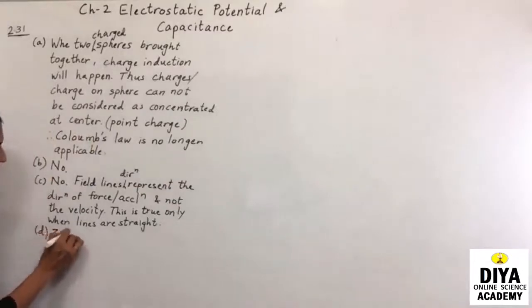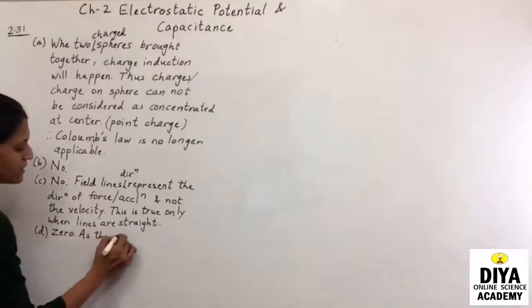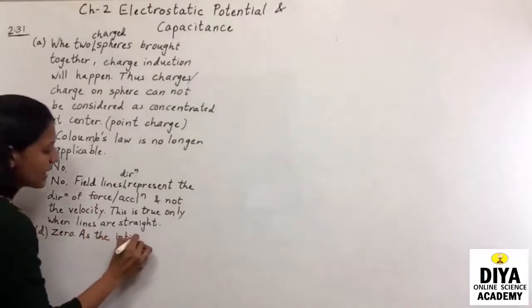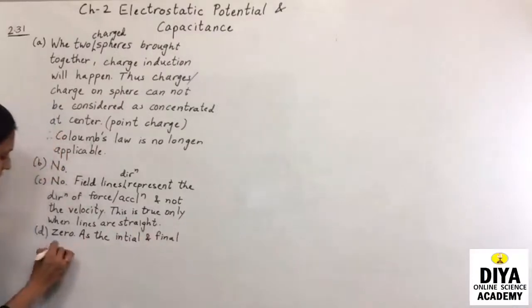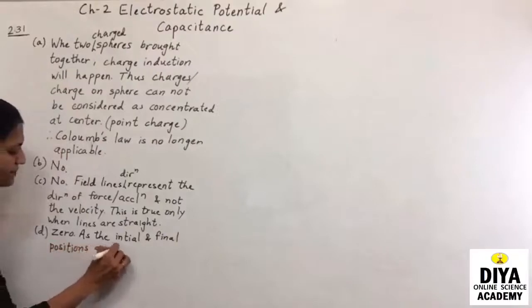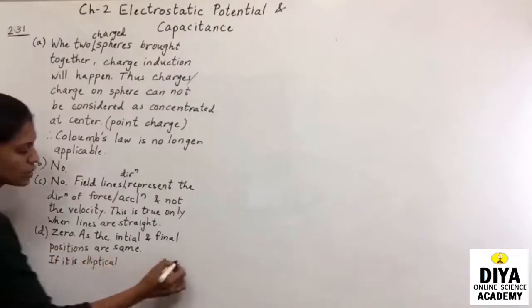So the answer will be 0, as the initial and final positions are the same. Now if the orbit is elliptical, that is also a closed one.